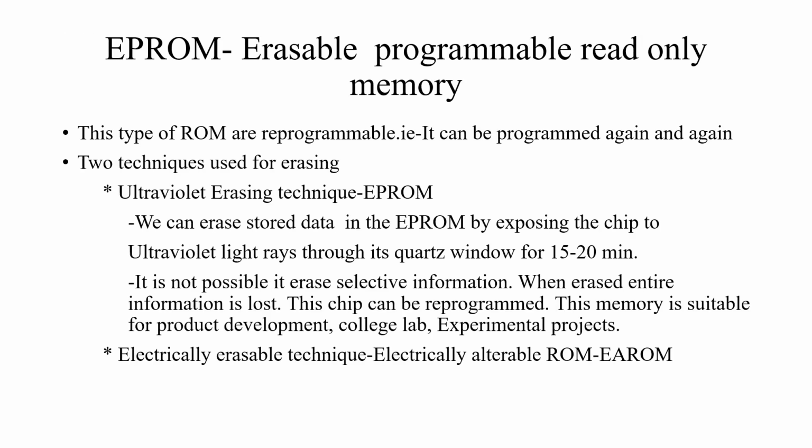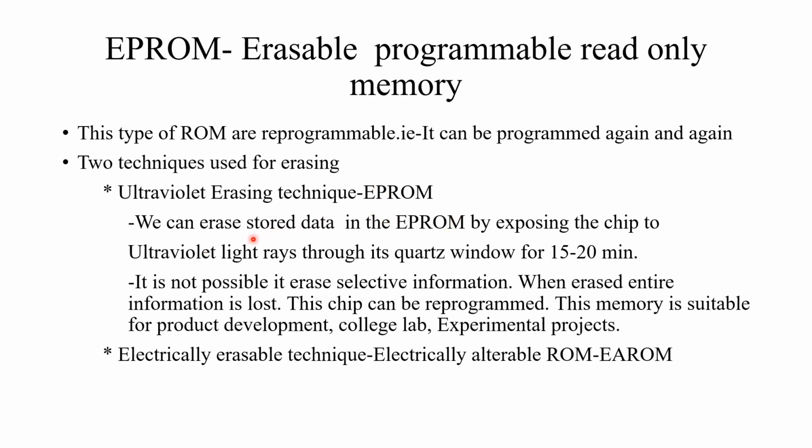Next is EPROM, that is erasable programmable read-only memory. This type of ROM is reprogrammable. It can be programmed again and again. Two techniques are used for erasing here. One is the ultraviolet rays erasing technique, which is used in the EPROM.